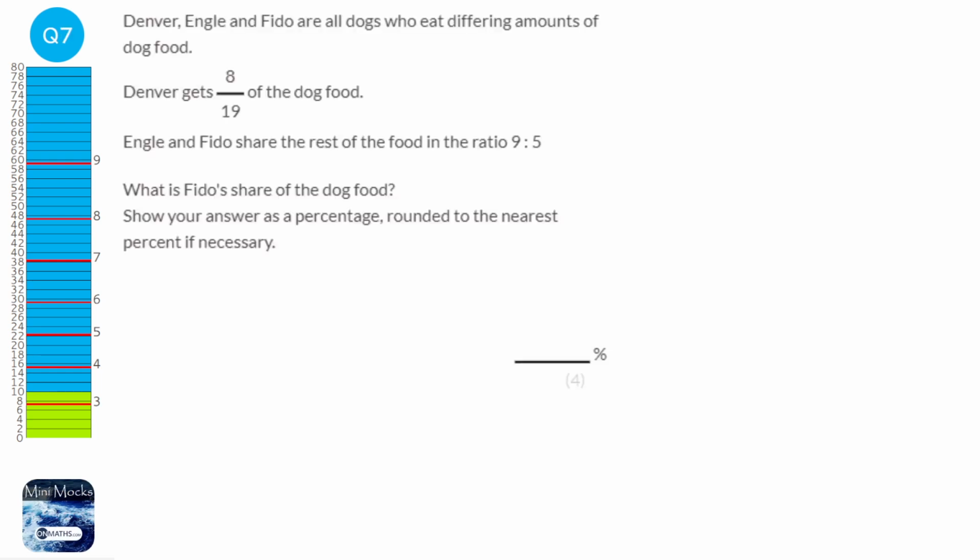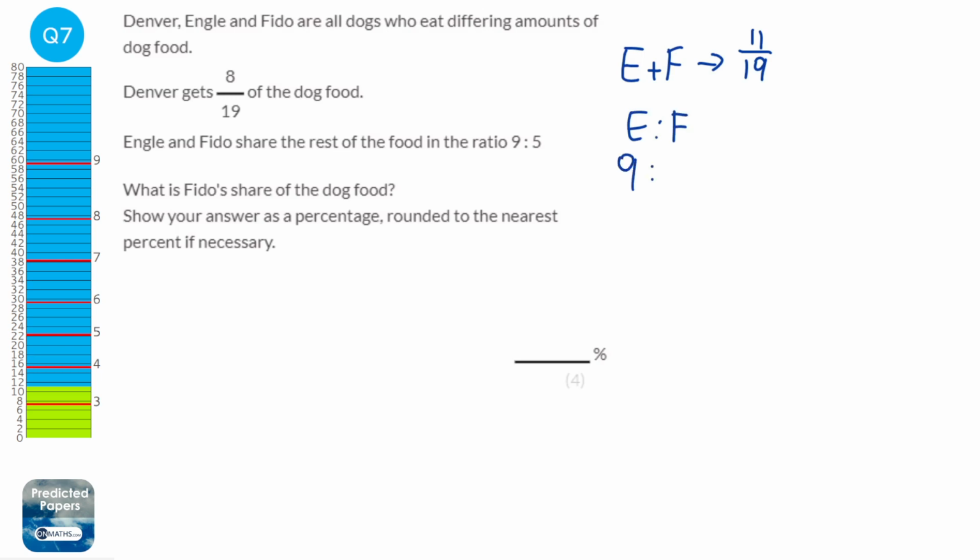The first piece of information I'm going to focus on is the fact Denver gets 8/19. That means that Engel and Fido together must get 11/19 because they have to add up to 1. So we're only looking at 11/19. I'm going to focus on the ratio next of Engel to Fido.